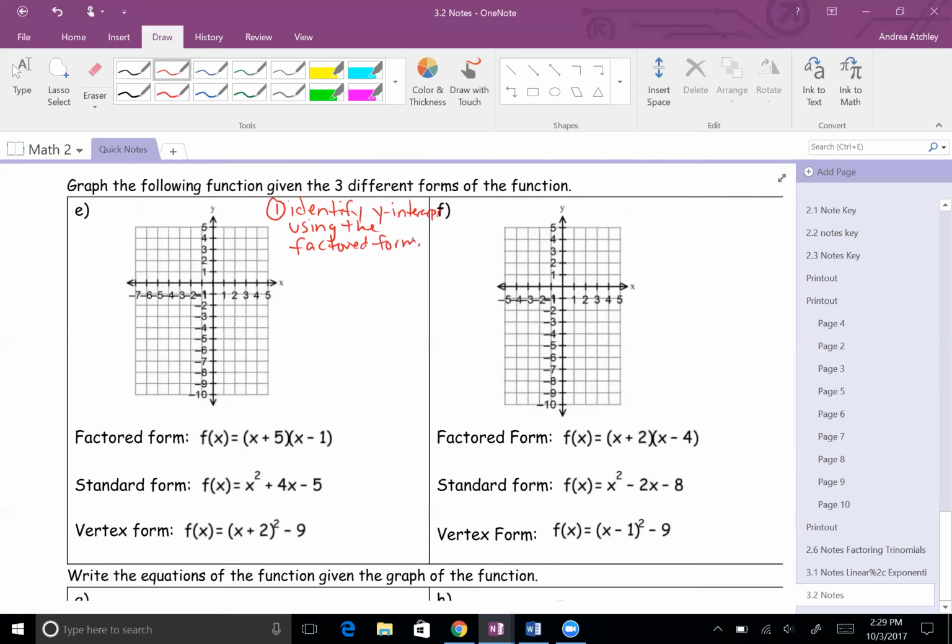When you look at the factored form, what intercepts do I need to identify? The x-intercepts, using the factored form.